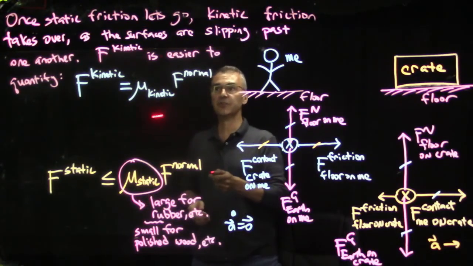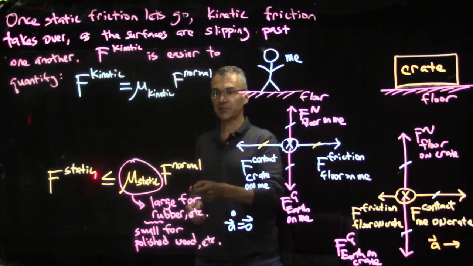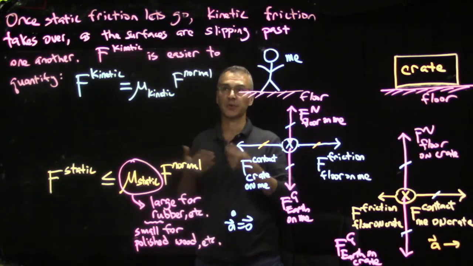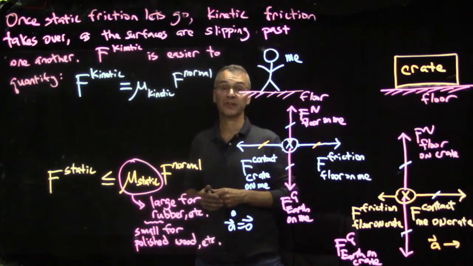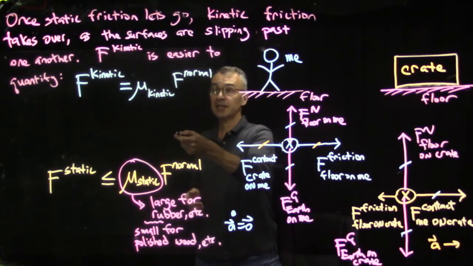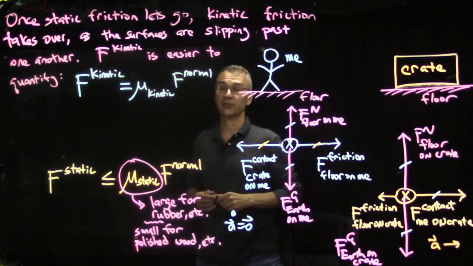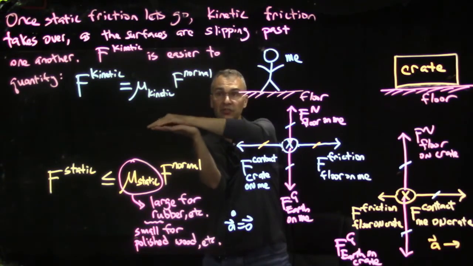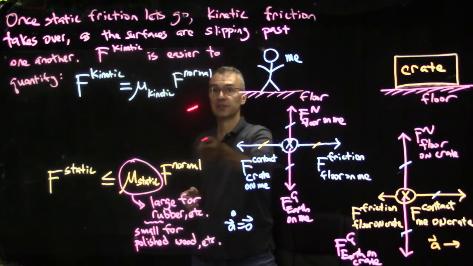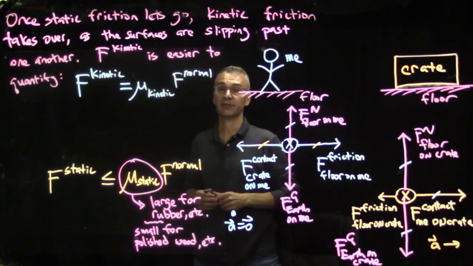Kinetic friction is a little easier to quantify. Instead of this less than or equal to, where you have to evaluate how big a force you need to prevent acceleration from happening, kinetic friction just equals the coefficient of kinetic friction times the normal force. So as long as the surfaces are actually slipping past one another, if you know the normal force and the coefficient, then you can figure out how big kinetic friction is.